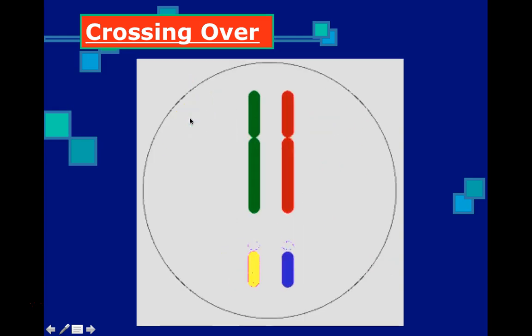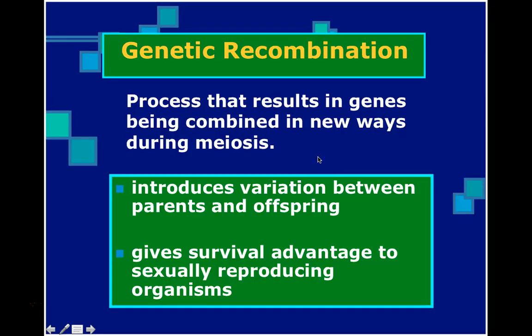All random. As I stated in the past couple slides, crossing over increases genetic variation, and we simply call that genetic recombination. All that really means is the shuffling of genes and the random choosing of whichever cell gets chosen, which has the shuffled genes.